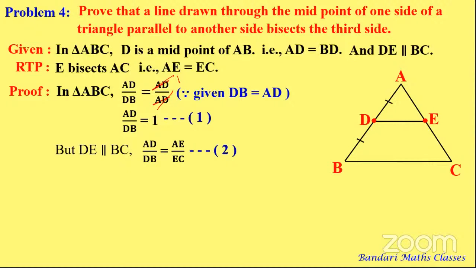So both LHS terms are the same. Therefore, AE by EC is equal to 1, from equations 1 and 2.